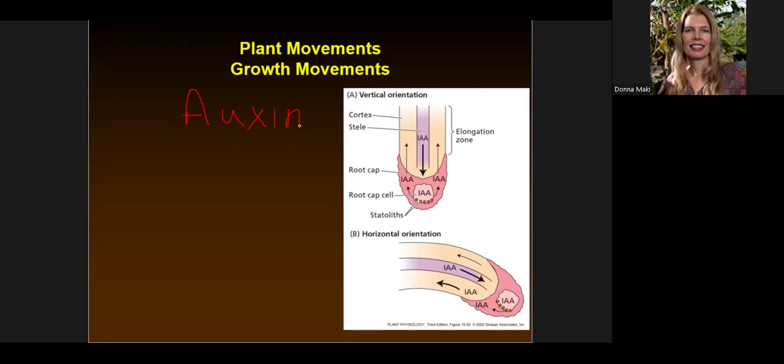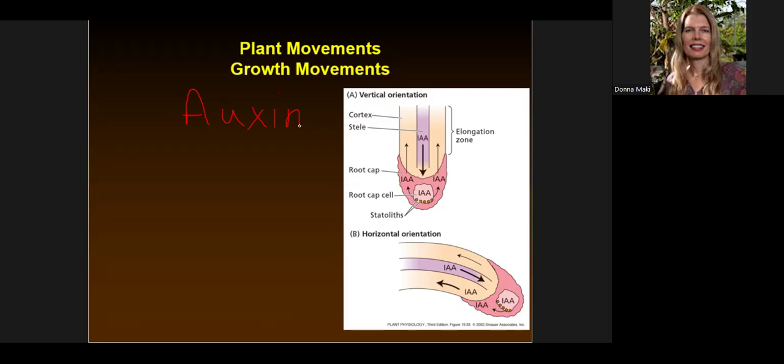So now if you can imagine these cells on the lower side of this horizontal root, these cells are slowing down their growth. Whereas the cells up here on the upper side, they're speeding up. So that would cause, if you have growth, this bending down behavior. All right. So it's complicated.